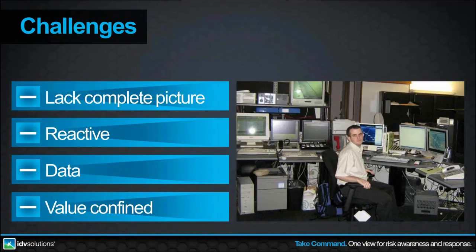So the challenge is, typically organizations, I think, as we identified in the survey, lack a view to a complete picture, right? I don't have a consolidated position, a consolidated place to go for view to my entire operations, all those things that I care about as they're distributed and even moving across the globe.